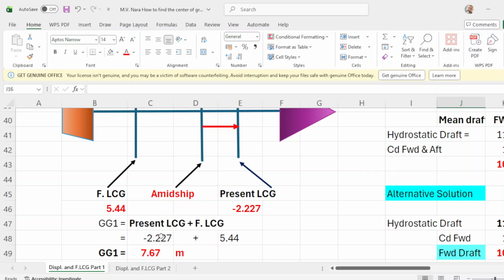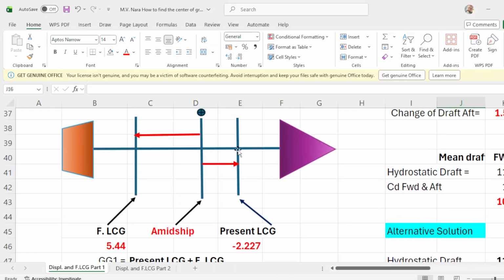So GG1 equals present LCG, negative 2.27, plus your final LCG of positive 5.44, then your total GG1 is 7.67 meters.